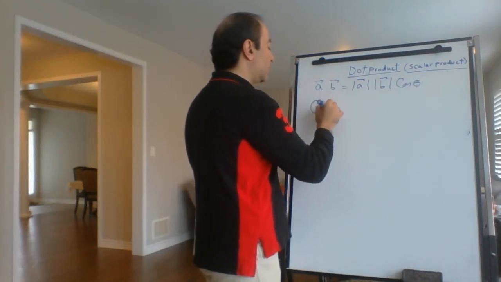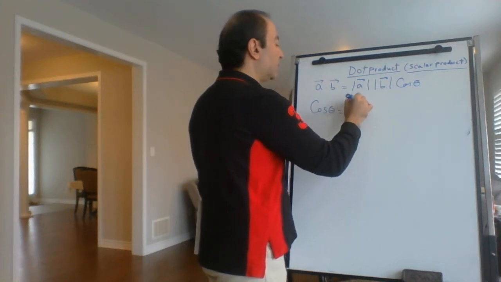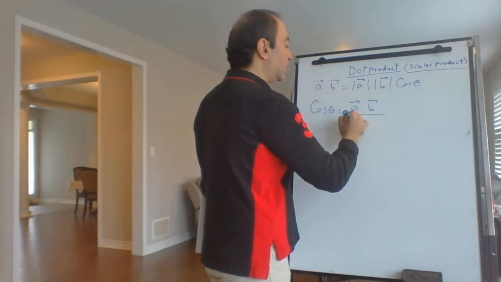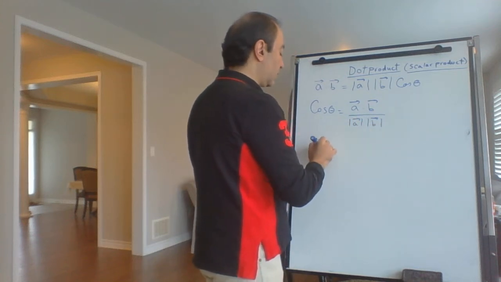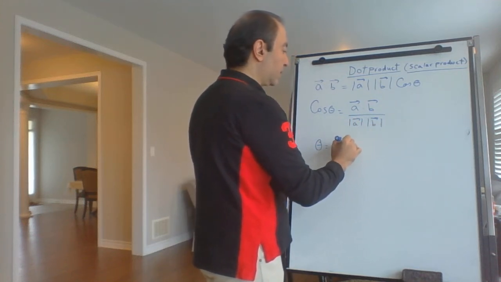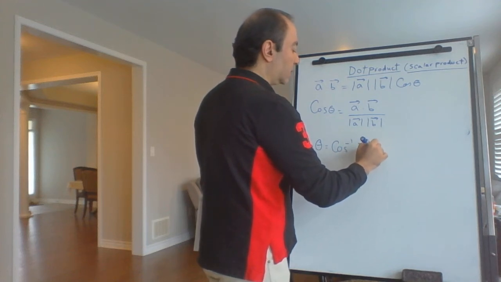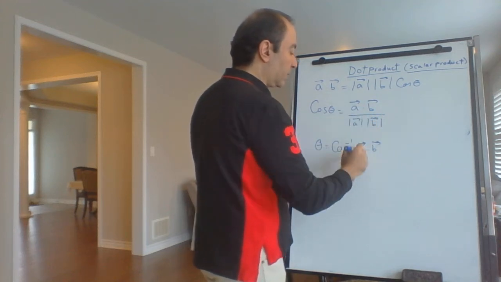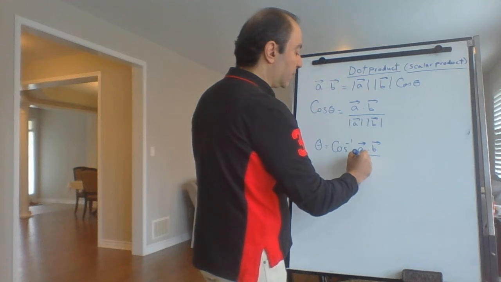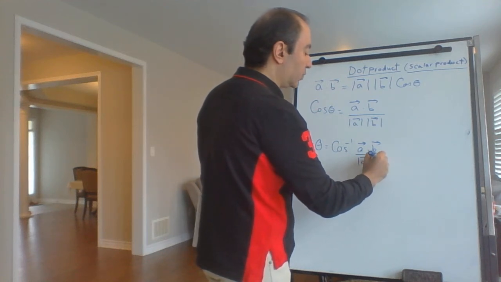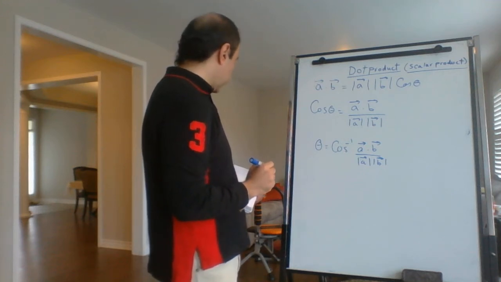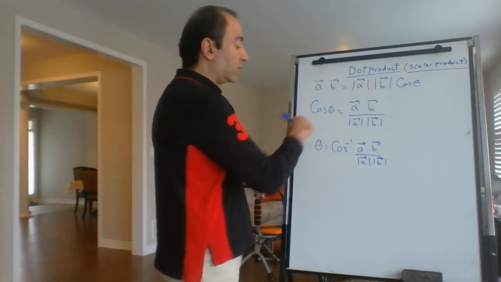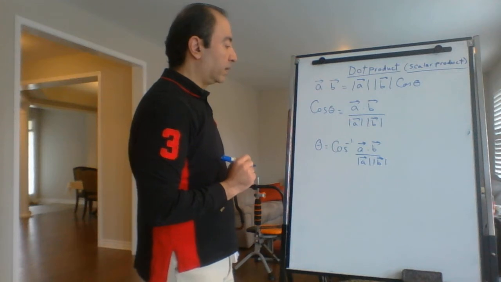So cosine theta will equal A dot B divided by the magnitude of A times the magnitude of B. So theta will equal cosine minus 1 of A dot B over the magnitudes, the number we get from here, and we get the angle between the two vectors. Okay, this is useful to get the angle between the two vectors.